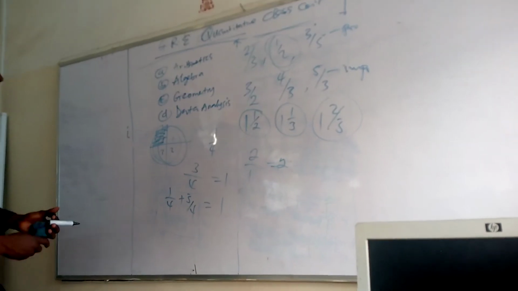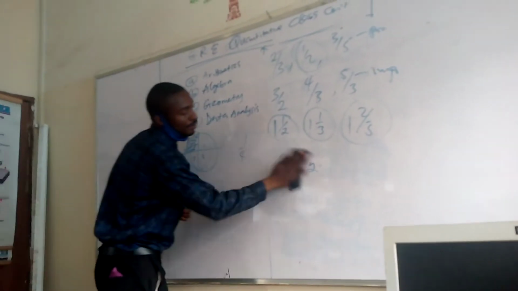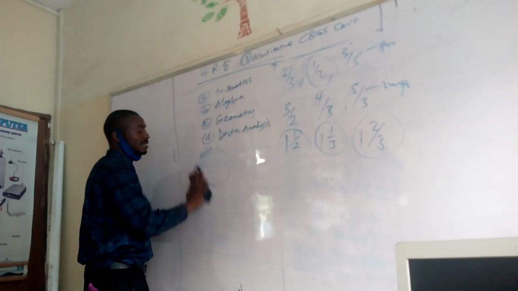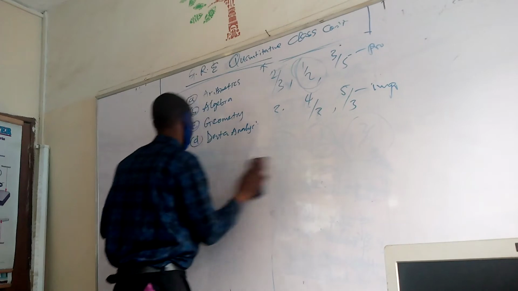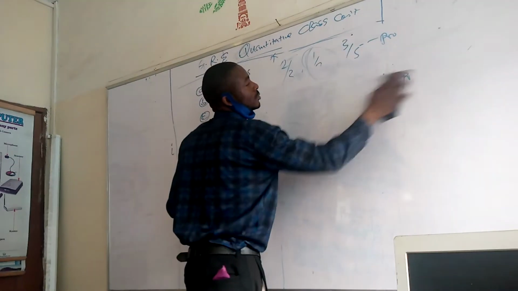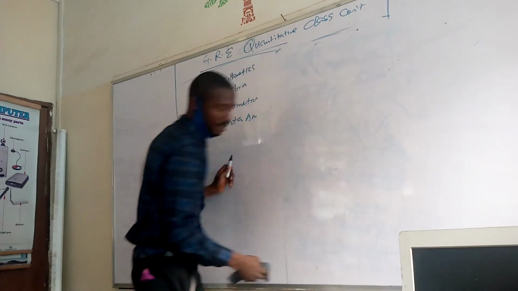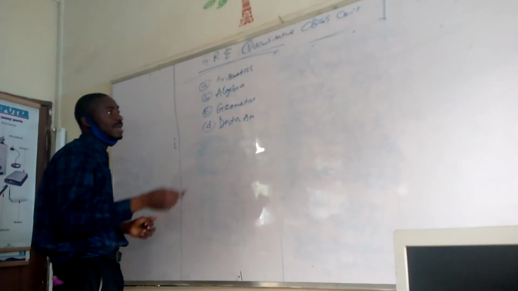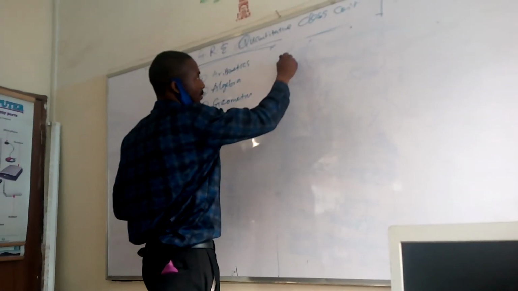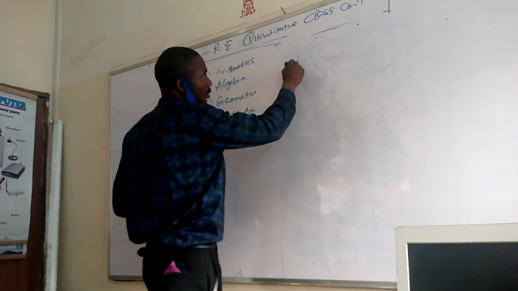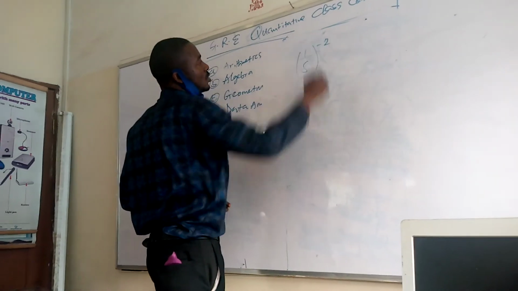Now, when we talk about exponents, it simply means indices. How does the nature of indices look? For example, if I have 1 over 8 raised to the power minus 2.